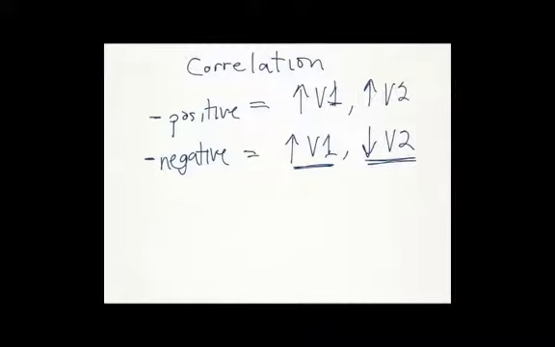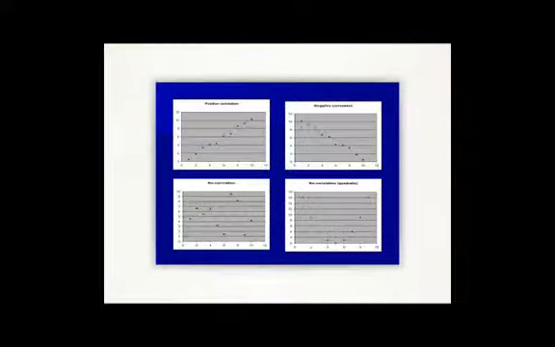Let's look at a picture to get a better sense of what we mean by this. You can see in this first box here, the one in the upper left-hand corner, is a positive correlation, because one variable on the x-axis is going up and the other variable is also going up.